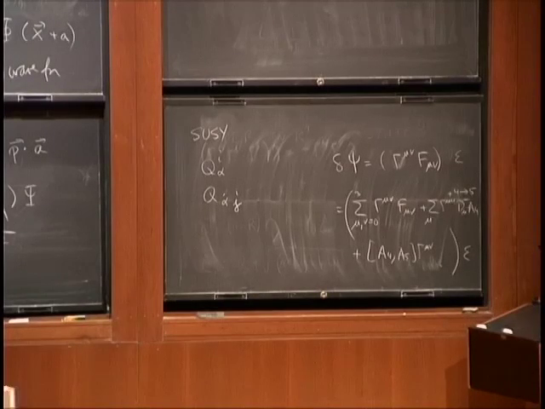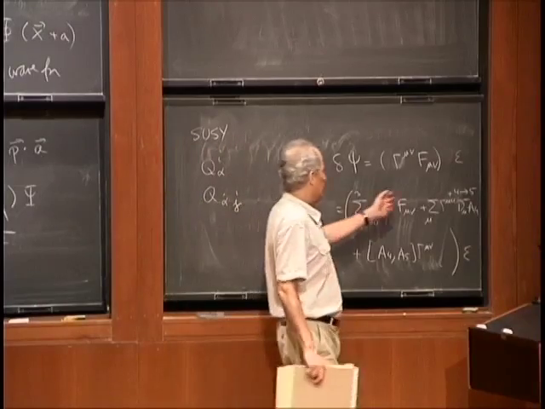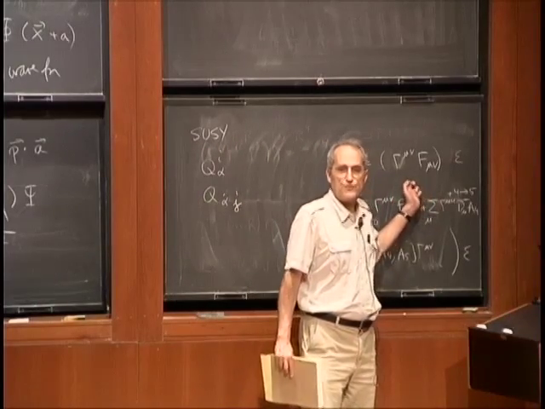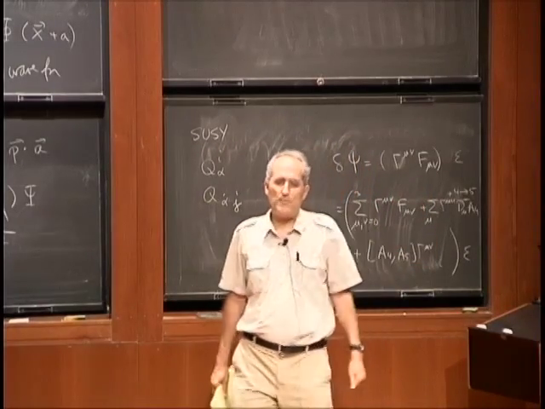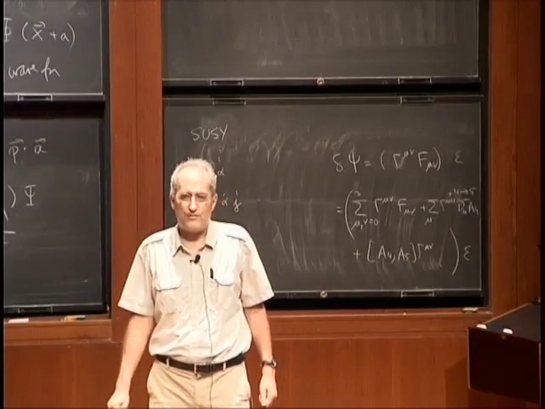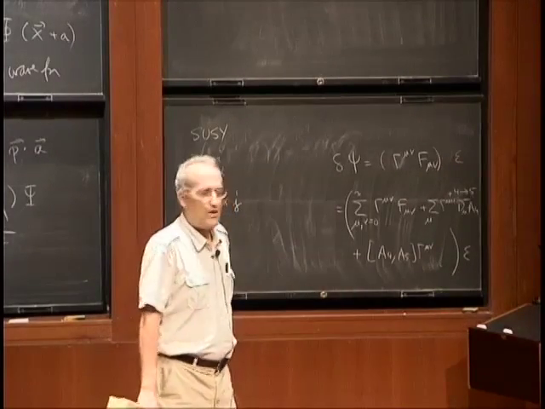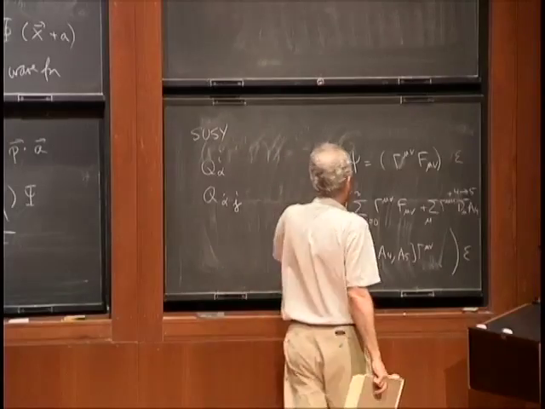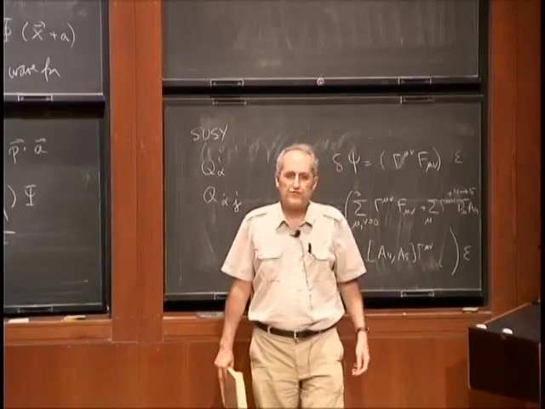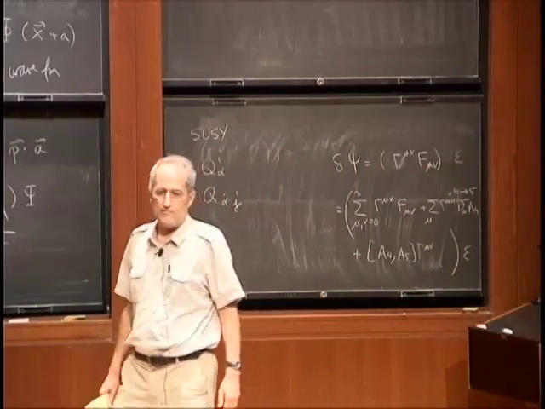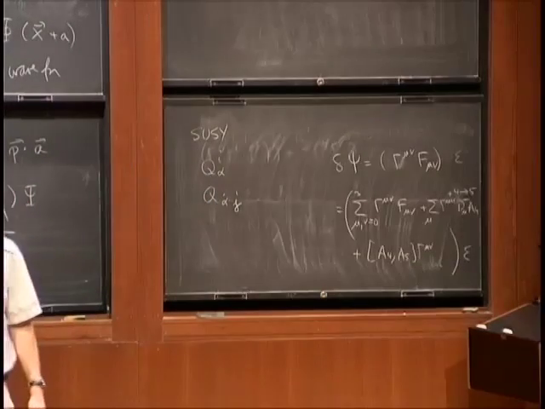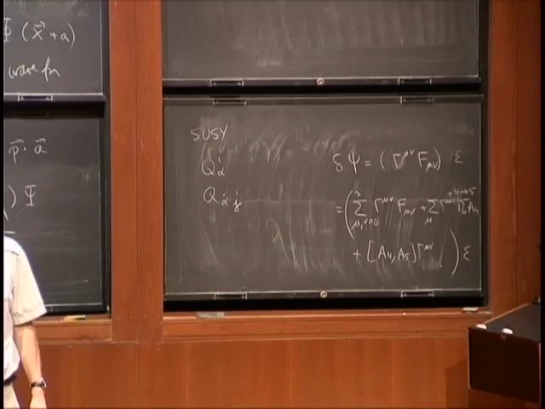So let's first discuss what happens if we find a totally random time-independent classical solution of this theory. Well, in the case of a totally random solution, delta psi won't be 0 for any non-zero epsilon. And therefore, we're going to get 8 fermion zero modes.